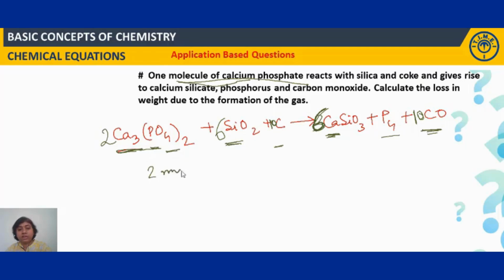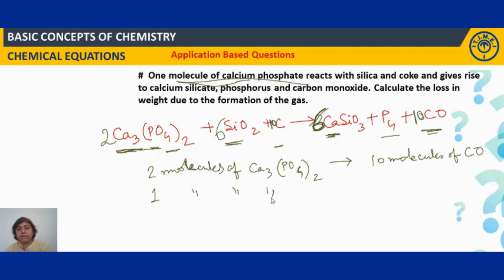So 2 molecules of Ca3(PO4)2 taken twice gives rise to 10 molecules of CO. Here also it is molecules. Okay. So 1 molecule of calcium phosphate, how many carbon monoxide molecules will it give? Very simple, 5 molecules, half. So 5 molecules of carbon monoxide.